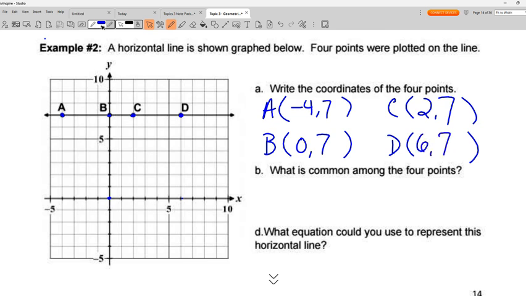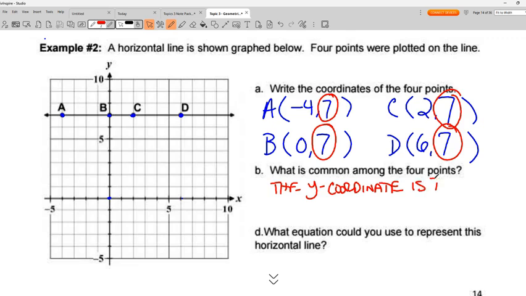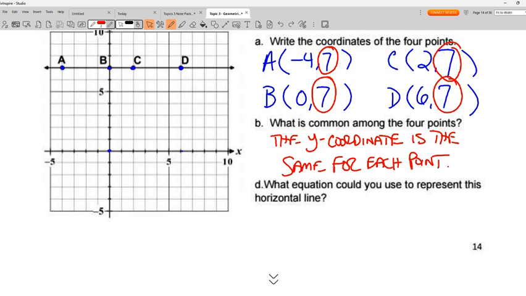What is common among these 4 points? Well, if you look at these 4 points, notice that they all have the same y coordinate this time. The y coordinate is the same for each point. If I look at my 4 coordinates here, they all have the same y coordinate.